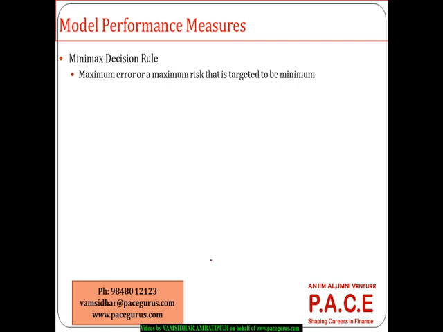Either I can go with the minimum error decision rule, or the minimum risk of misclassification decision rule, the Neyman-Pearson decision rule, or even the mini-max decision rule. Some rule is the basis for classification, and on this basis the data is classified into the different groups, good and bad.